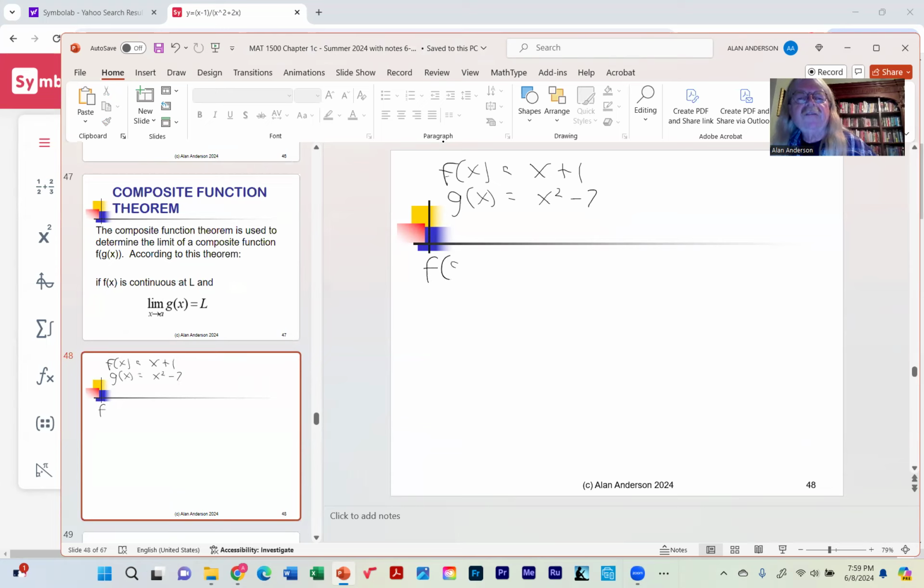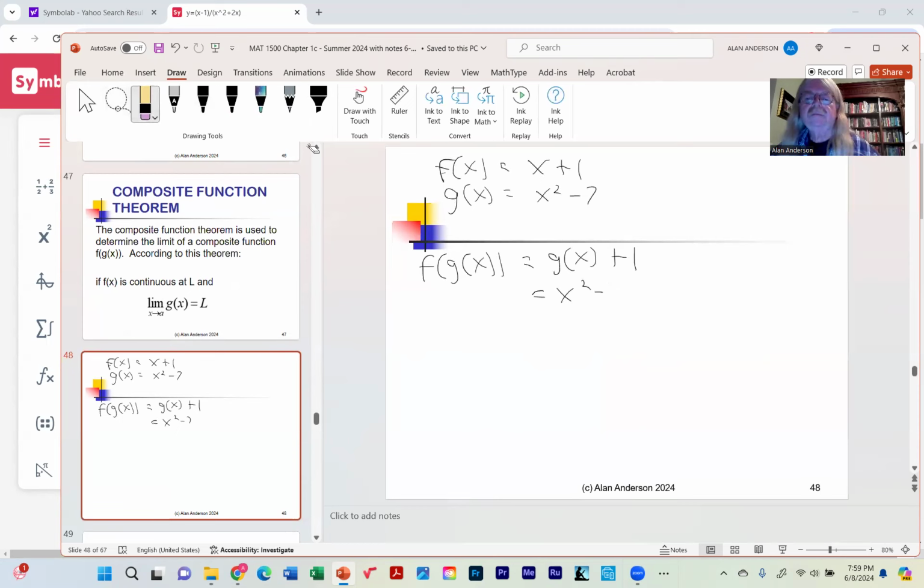The composite function f of g of x would be solved by taking, within f of x, all the x's being replaced by g of x. Okay, and so now we just substitute, and we end up with x squared minus 6.